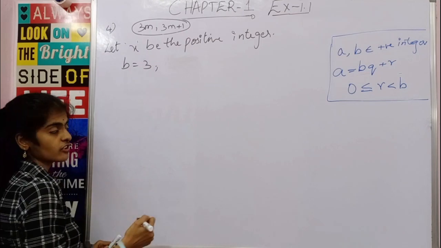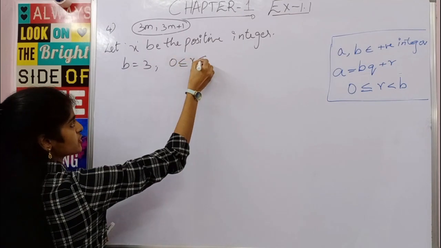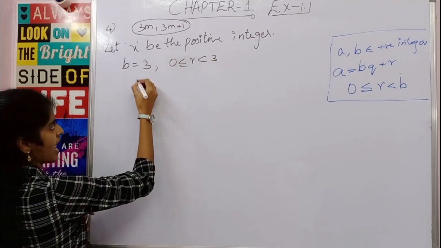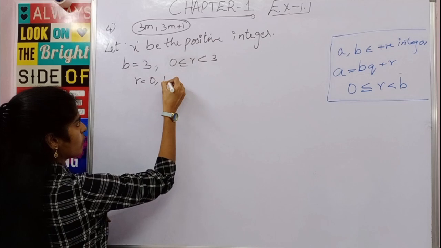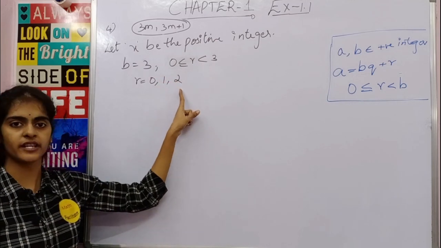Now what is the value of r? r is 0 or greater than 0 and it should be less than b. b is 3, so r can take values 0, 1 and 2. It is less than 3, so you will stop at 2.